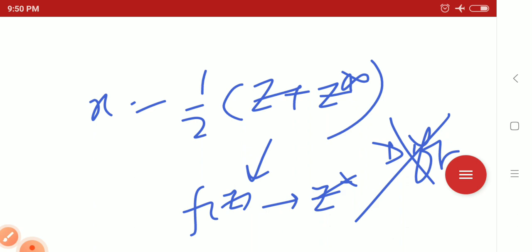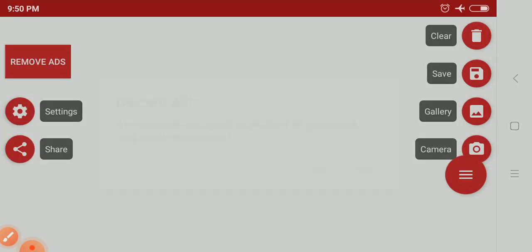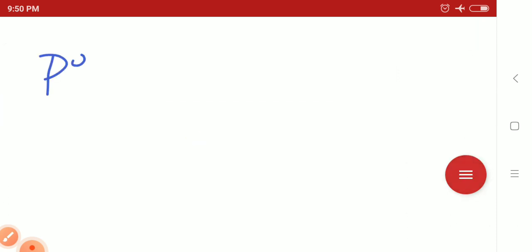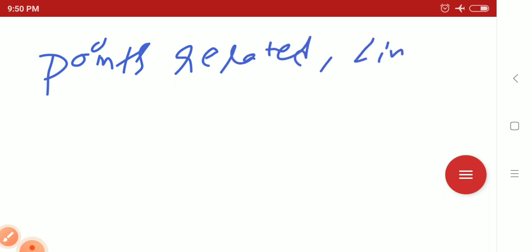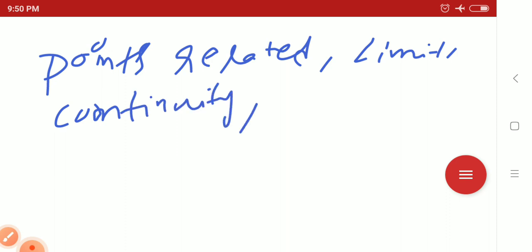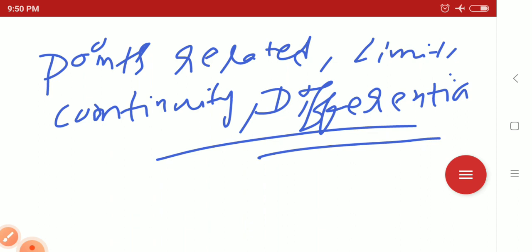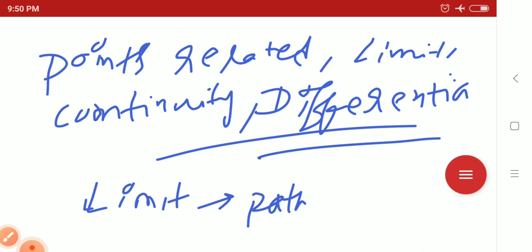So we can say some points related to limits, continuity, and differentiability. From the previous video, we saw that the limit exists if the limit is path independent.